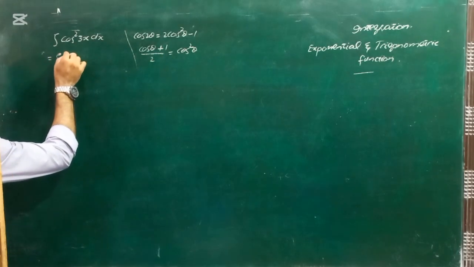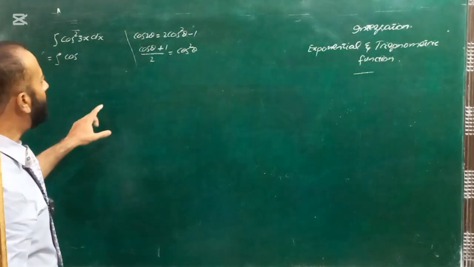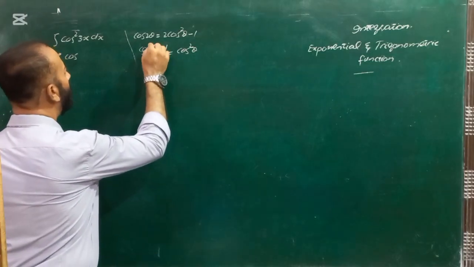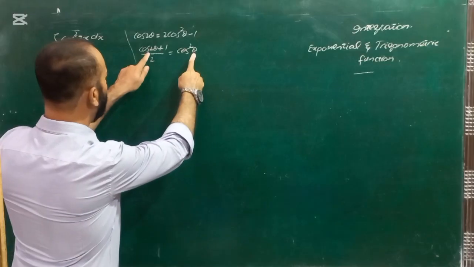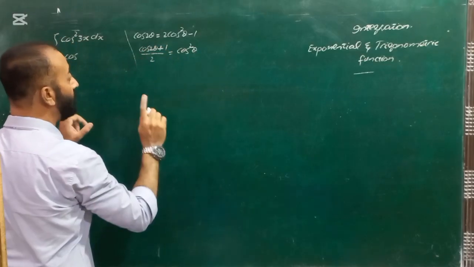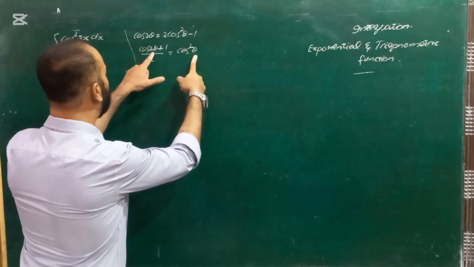So cos square 3x, look now, another thing. Whatever the angle is here, angle will be doubled here. So this is the thing which you have to notice. Whatever the angle is here, angle will be doubled here.